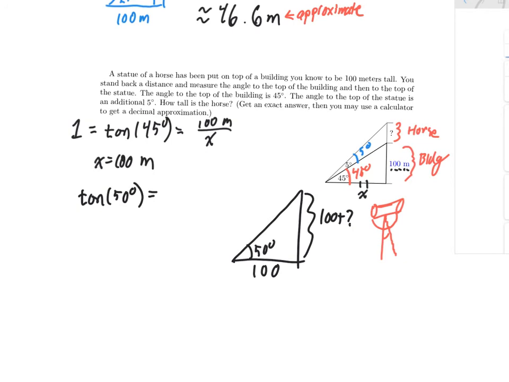Tangent of 50 degrees is opposite over adjacent. Opposite is 100 plus the unknown side, the height of the horse, the thing that I would like to know, divided by adjacent is 100.